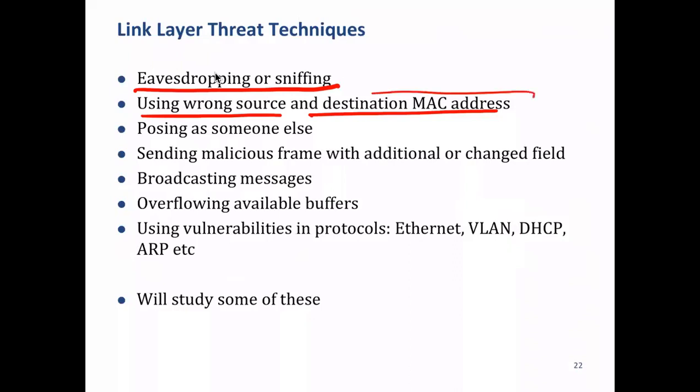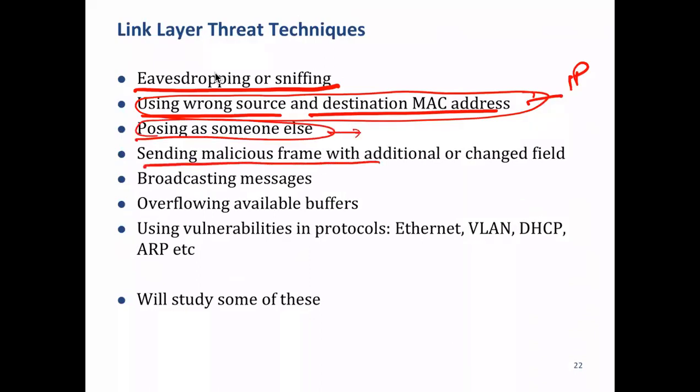This kind of attack can happen in the case of IP as well. When we go to the higher levels, we'll read that. Posing as someone else, just pose as somebody else and then send. Sending a malicious frame, changing some fields and then sending. It can also disrupt the operation. Broadcast the message: you use the destination address of all ones and then flood the packet in the system, right?